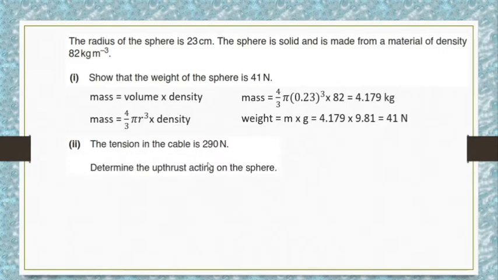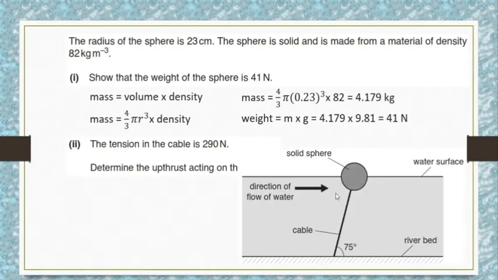Now the tension in the cable is 290 newtons. We want to determine the upthrust acting on the sphere. I want to draw all the forces that act on the solid sphere here.